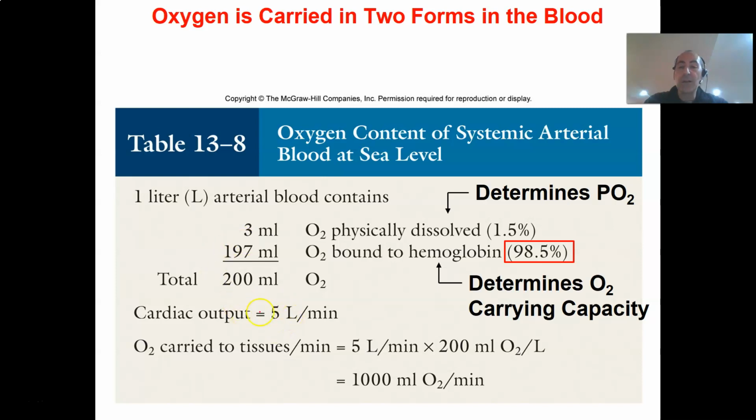If you know that the cardiac output of an average person at rest is 5 liters per minute, and you know that O2 carried to the tissue per minute is 5 liters per minute times 200 mils of O2 per liter, then we can calculate that there's approximately 1,000 mils of O2 per minute being carried to the tissues. So that's a calculation you should know how to do.